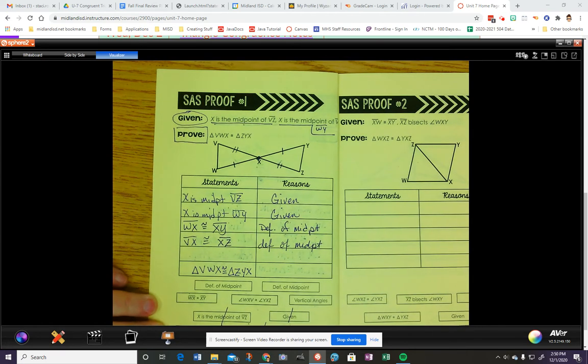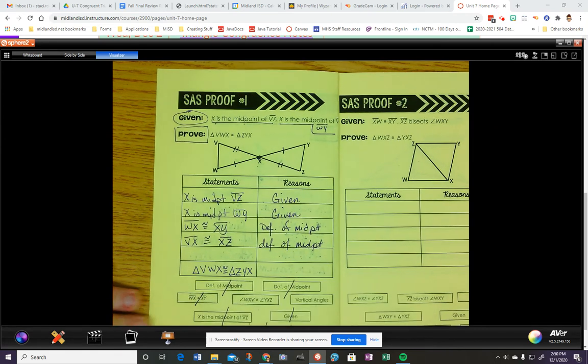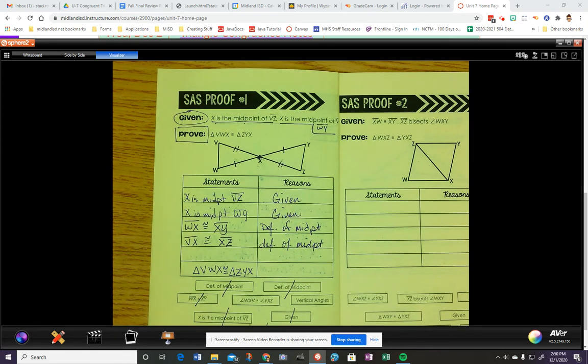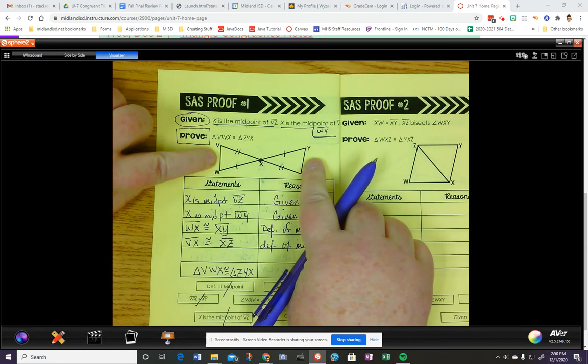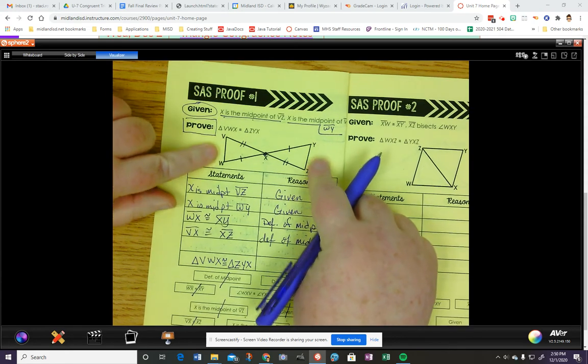Can we mark those off? Yes. Here's the WX, and here is the VX, and definition of midpoint, and definition of midpoint. So now what can we say? We don't know anything about the sides out here, so we can't make that up.